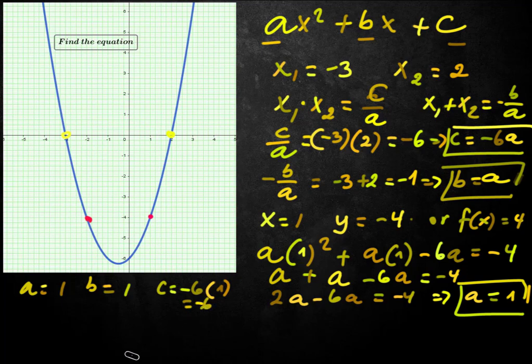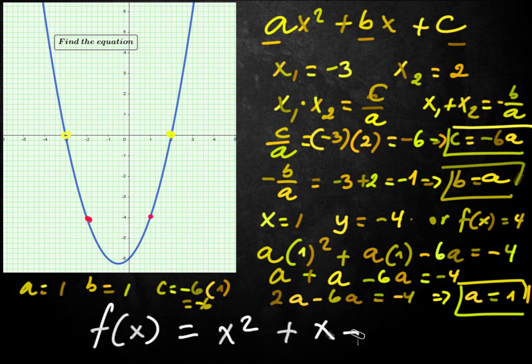So we have our equation. F of x is equal to x squared plus x minus 6.